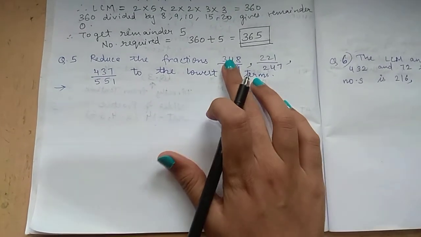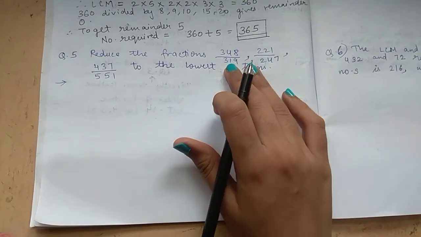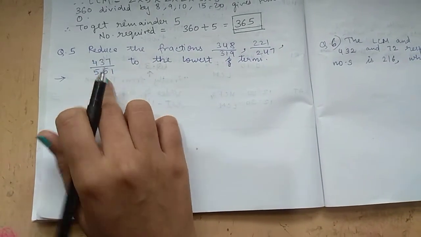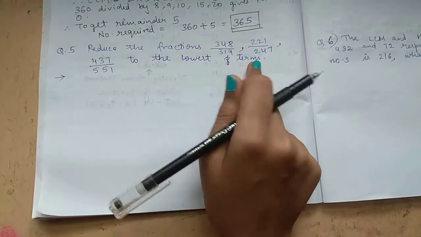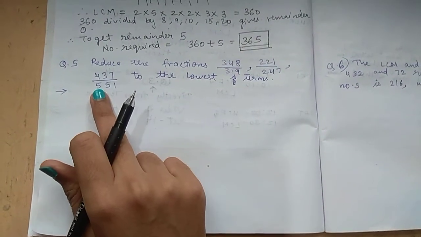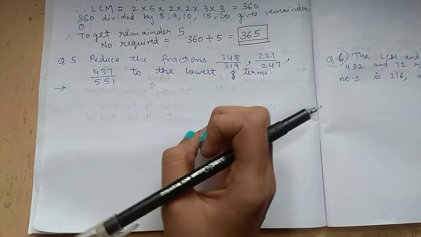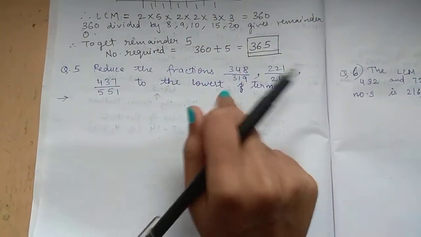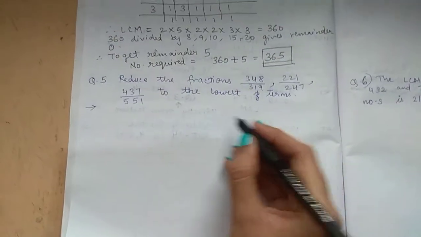Reduce the fraction 348 upon 319, 221 upon 247, 437 upon 551 to the lowest terms. Yes, this is part of the division method. We have to find the HCF using the division method. First one is 348 and 319.